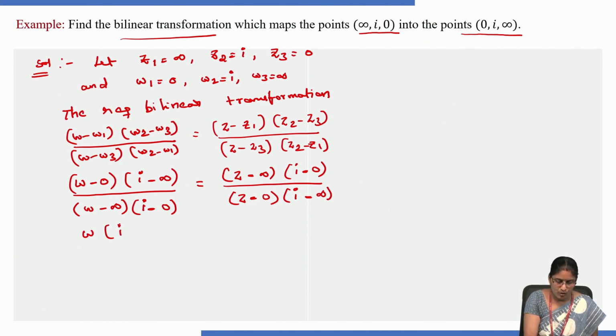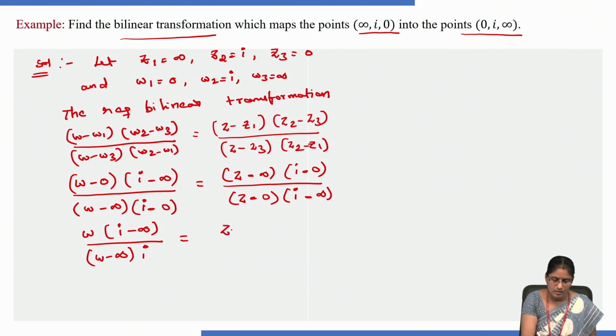W into i minus infinity by w minus infinity into i is equal to z minus infinity, i by z into i minus infinity.